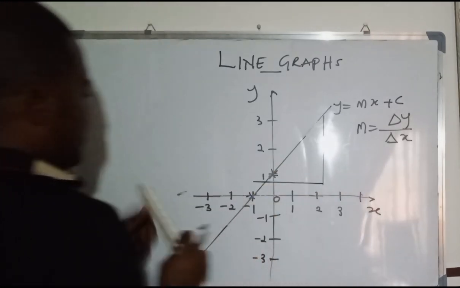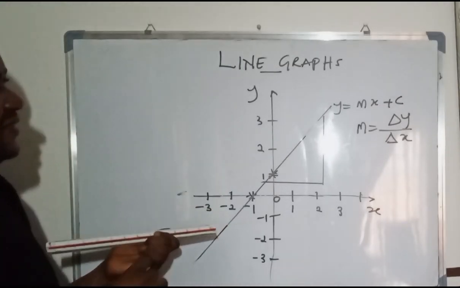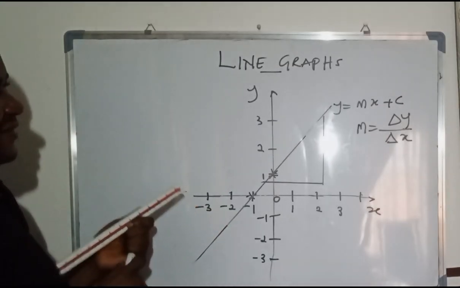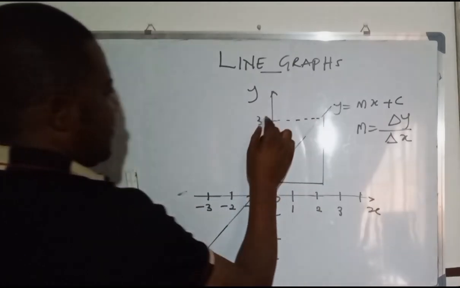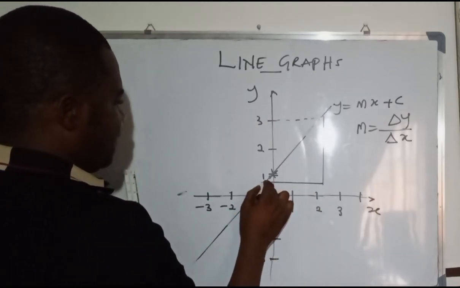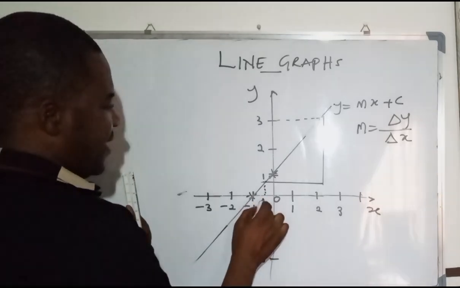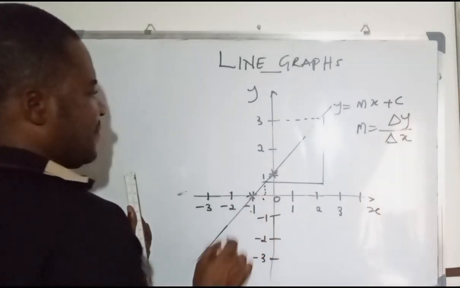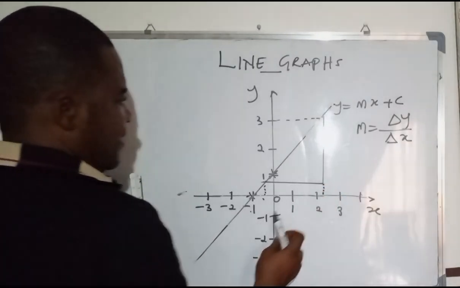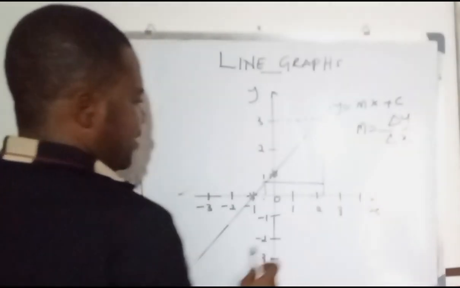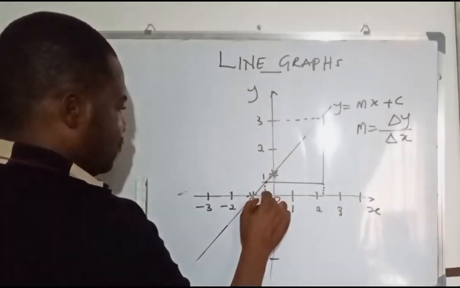Let's say it terminates at this point in order to get the slope, which is the gradient. If you take a look at this, this is 3, and this line is falling at 0.5. This is minus 1, this minus 0.5. And then this is falling at about 2.2 or thereabout, or you can take it at 2.5.